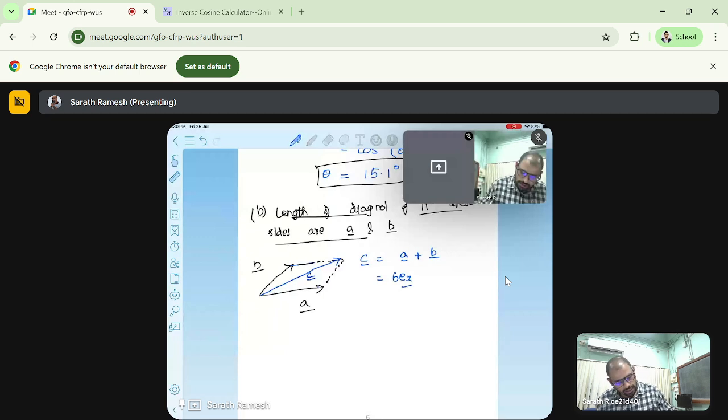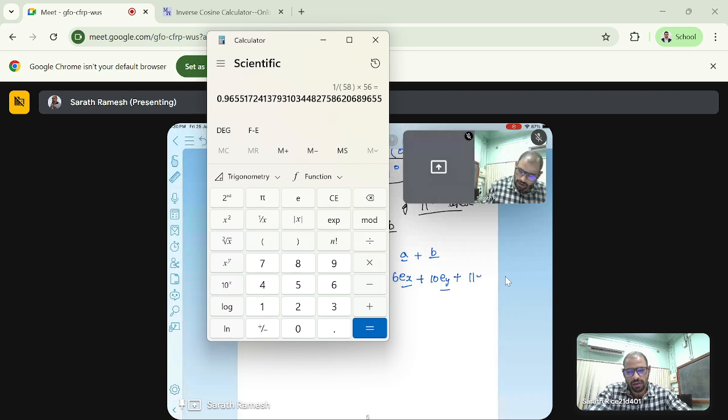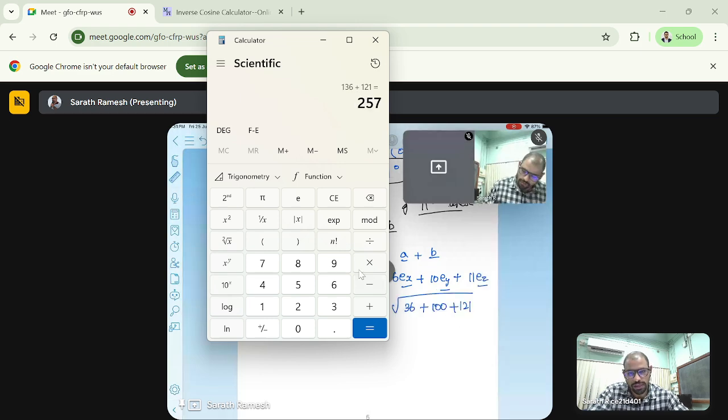So this is the diagonal. Now the magnitude of this is given by 36 plus 100 plus 121, which is how much? 136 plus 121, 257. Square root of 257 will be 16.03. Okay, this is the magnitude.